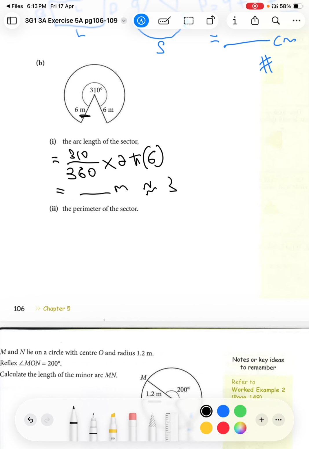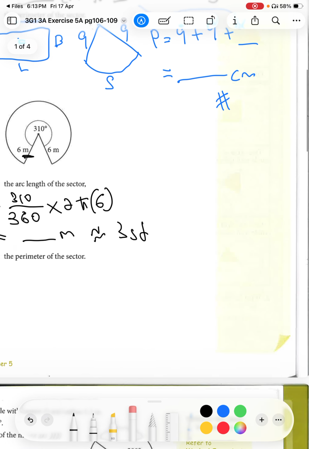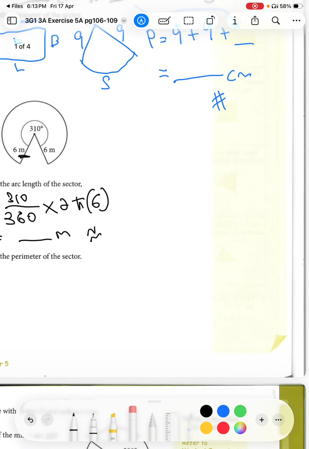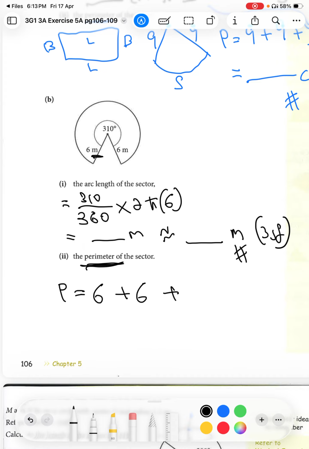Then you round off to 3SF in meters. That's the answer. Then again, the same thing: to find the perimeter of the sector will just be 6 plus 6 plus the answer from here. This will be the answer for the perimeter, the sum of the sides.